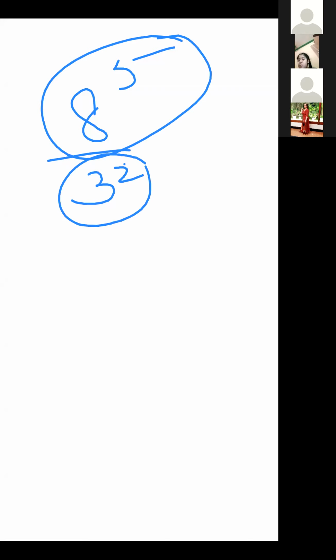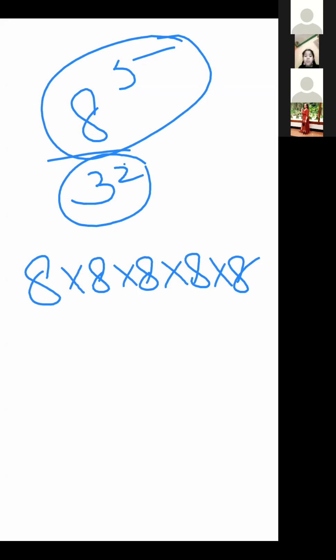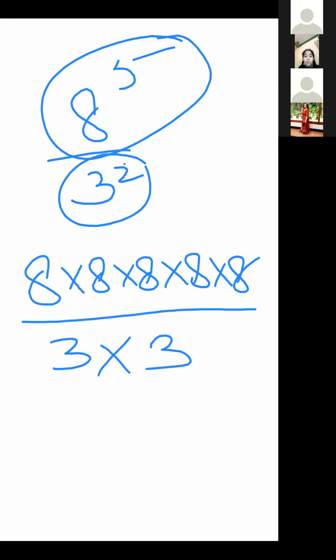So means 8 you have to multiply 5 times and 3 is multiplied 2 times. Clear? 3 is multiplied 2 times and 8 is multiplied 5 times, according to their powers. So then you have to multiply and write the answer.